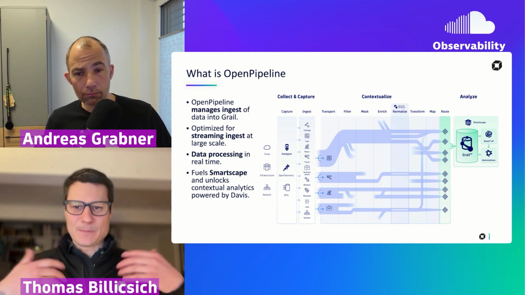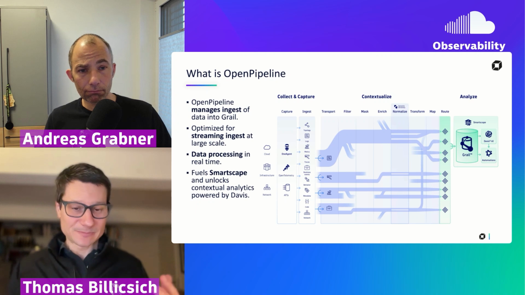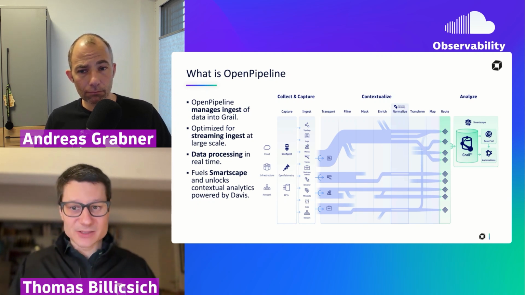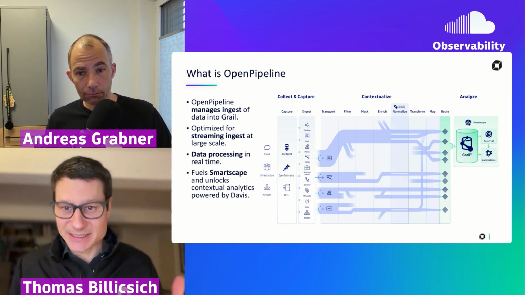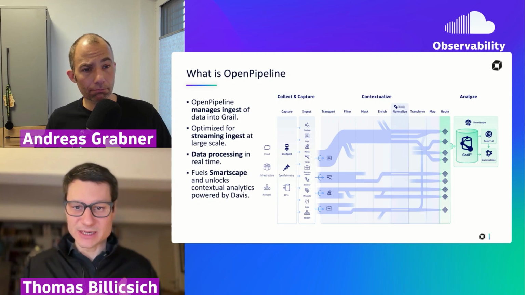We're talking about a petabyte or more of data per day, so this is really large. It's optimized for real time as well. We're talking about less than a second of ingest time that OpenPipeline takes.